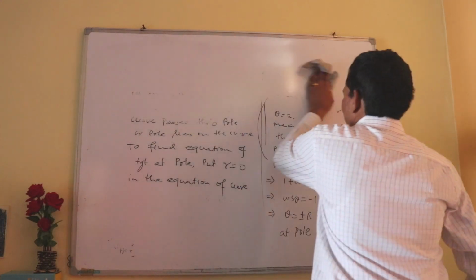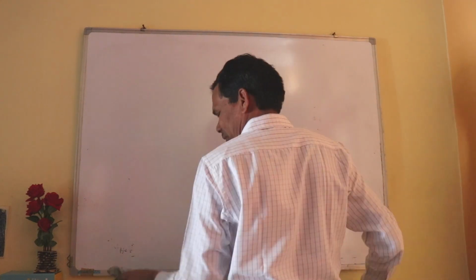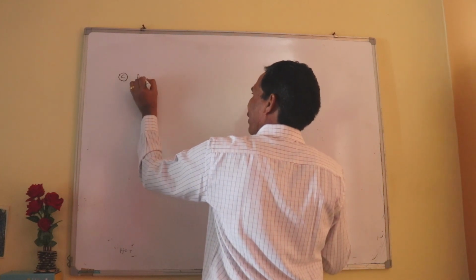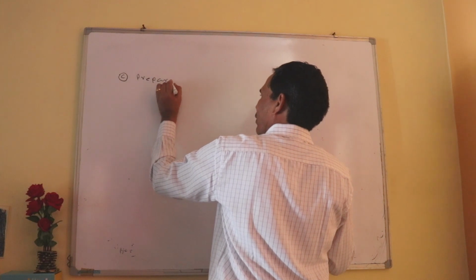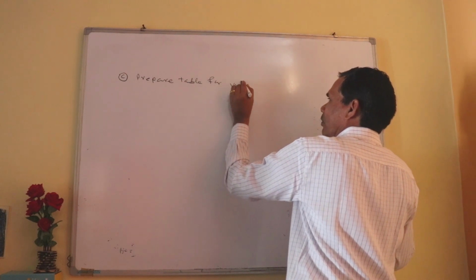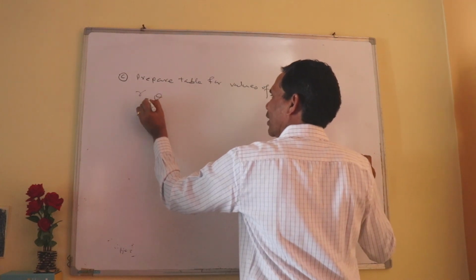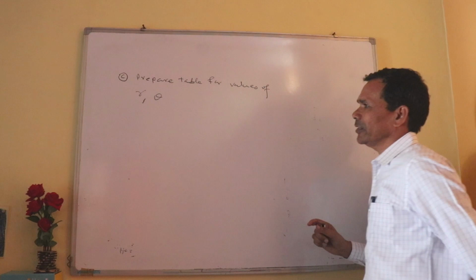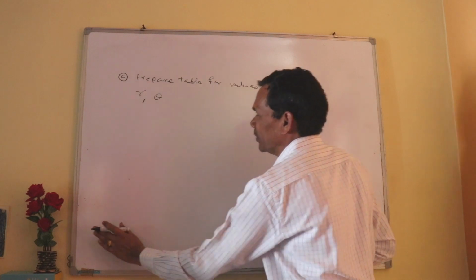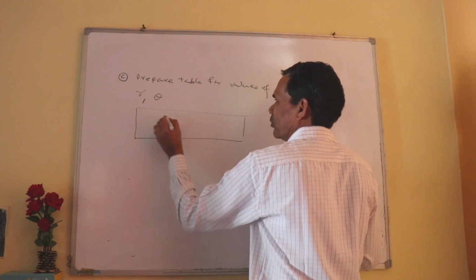Similarly, the next point of the procedure is C: preparing a table for values of r and theta. Theta is the angle, r is the length of the radius vector. So you have to prepare a table for the values of r and theta, taking suitable values.